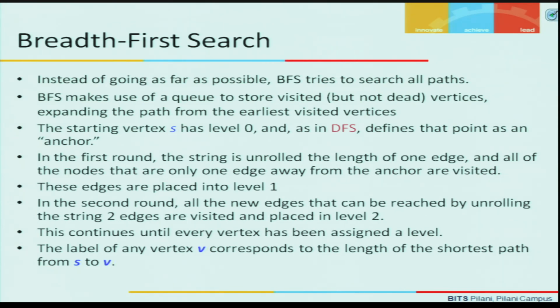The label of any vertex corresponds to the length of the shortest path from S to V. So, this is a very crucial consequence of breadth first search, which did not happen in depth first search. It is easy to imagine and illustrate that when you do a depth first search, you may not always get the shortest path from source to destination.